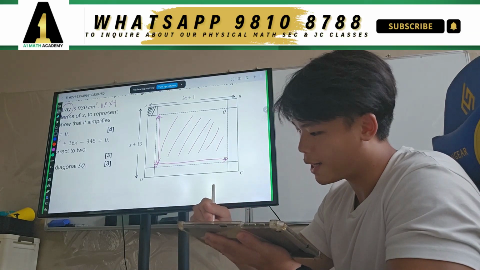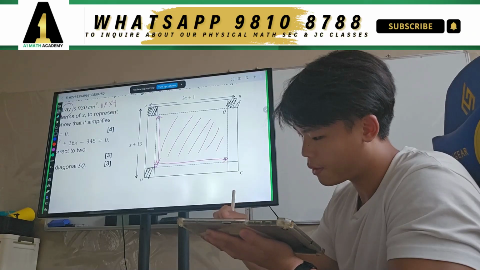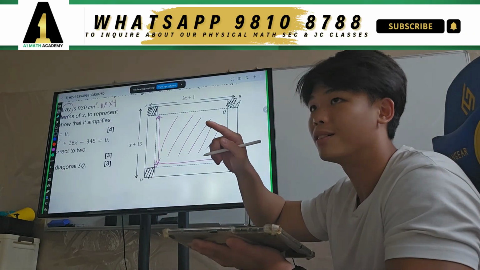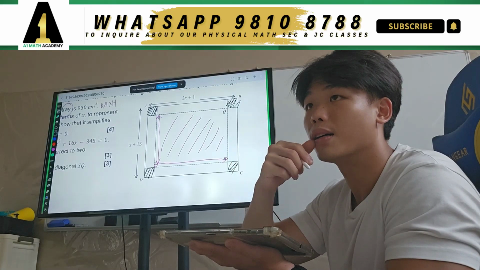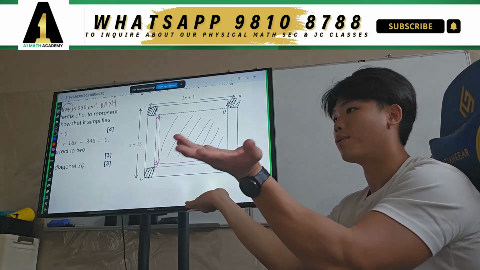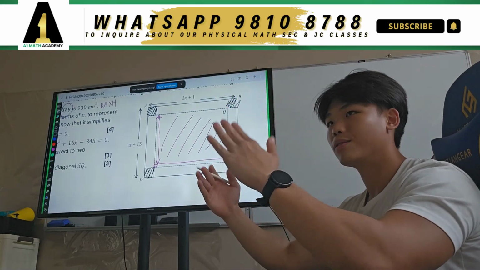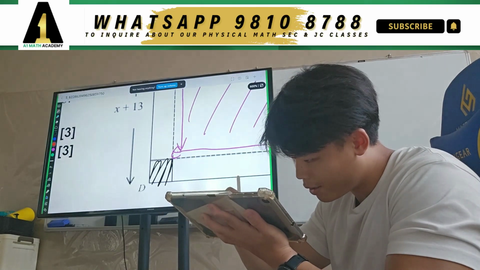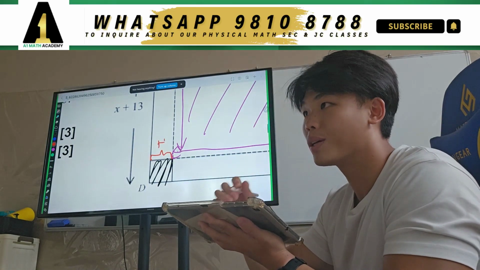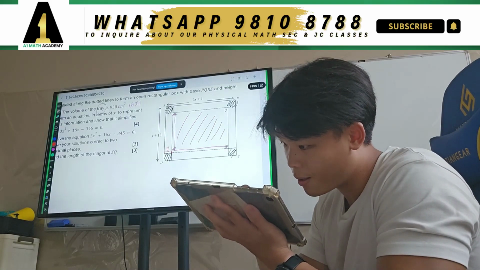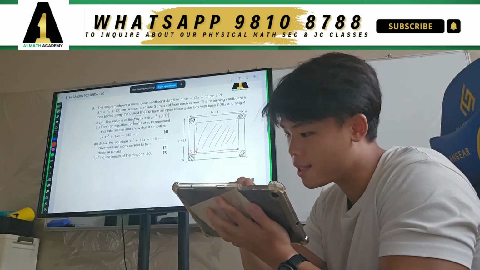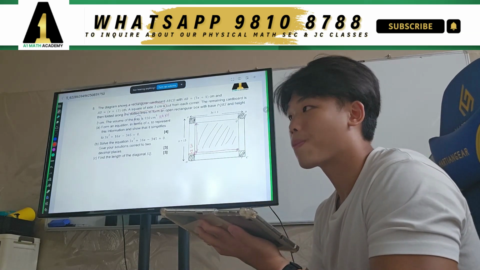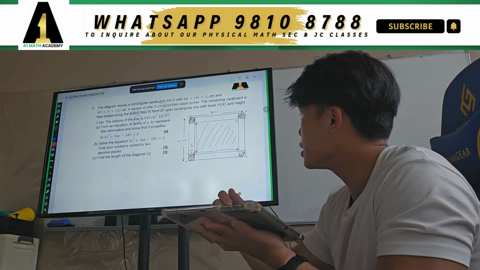I cut this out, I cut this out, I cut this out, then I fold upwards. When I fold upwards, what's the height? This very small length is the height. The question said a square of side 3 cm is cut out from each corner. So the height is 3.